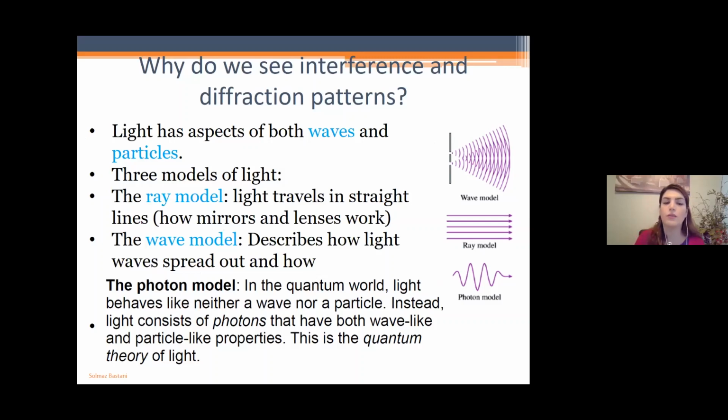This is the quantum theory of light. And I'm sure that you're going to study more about quantum theory in the future. But basically, in quantum theory, we say that photons have both wave-like and particle-like properties. Now, which one they exhibit depends on the kind of interaction that they have.